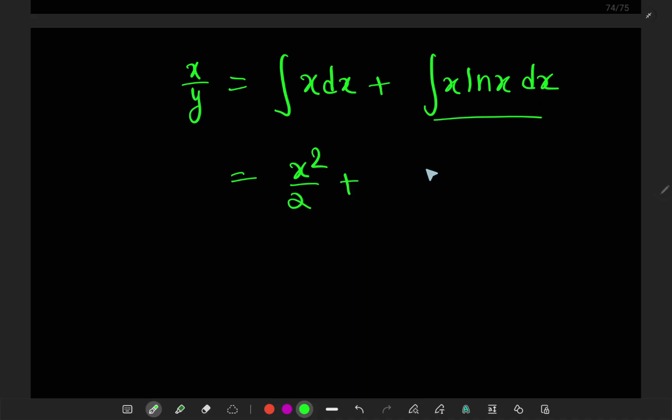Now integrate this term, we get x square by 2 ln x minus.